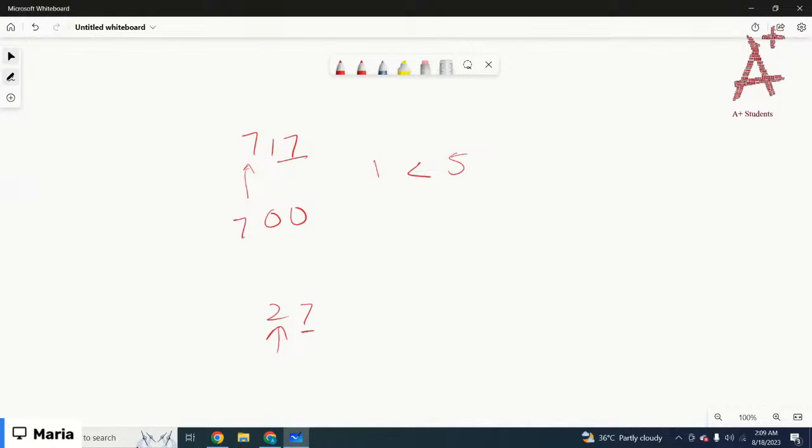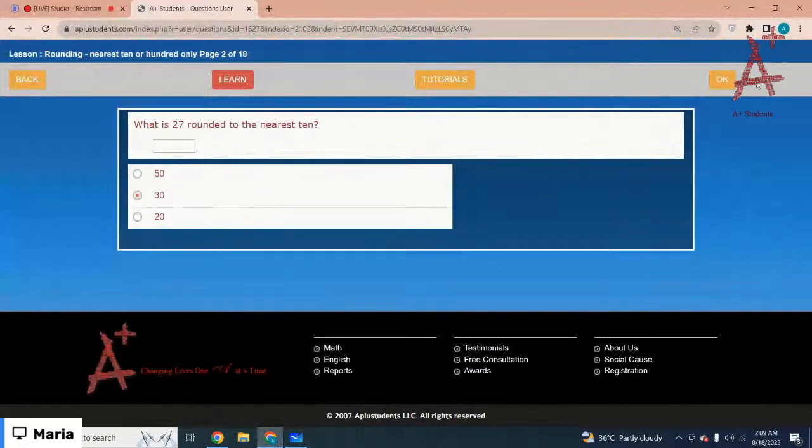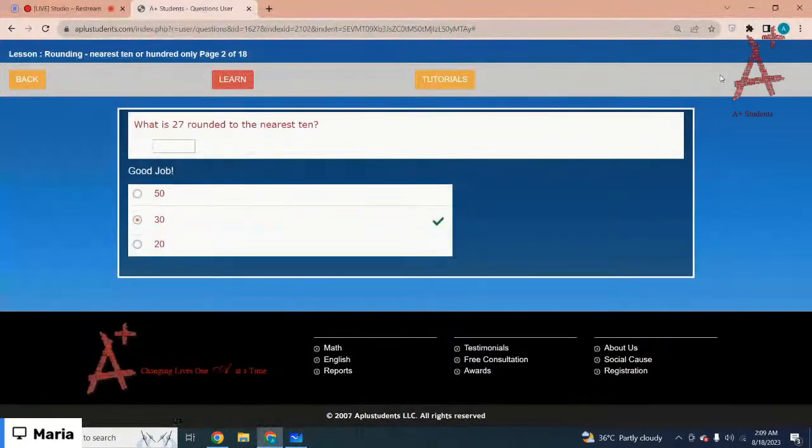You have to round to the nearest 10, so you have to look at the tens digit, and right next to it you have 7. You have to compare this digit to 5. 7 is greater than 5. That means you have to round up to the next 10. 2 plus 1 is 3, and you have to replace the 7 with 0, so it would be rounded off to 30. The correct option is 30.